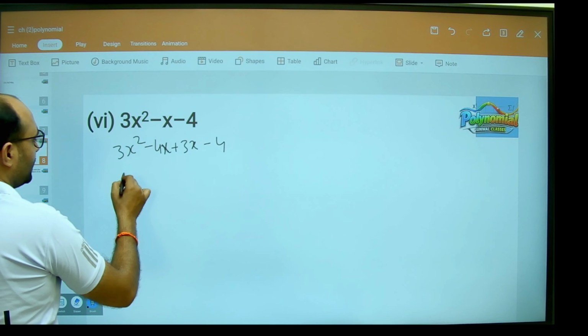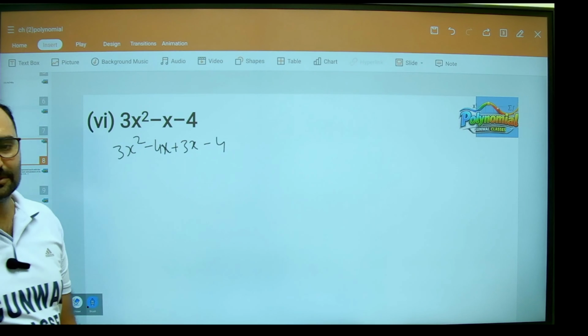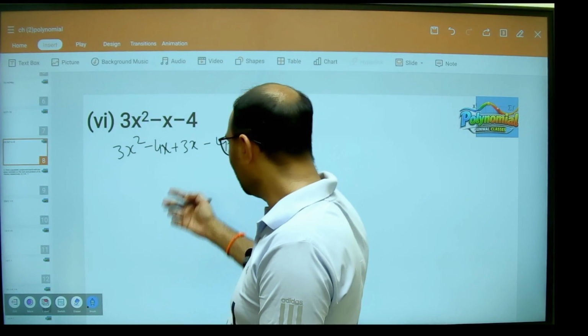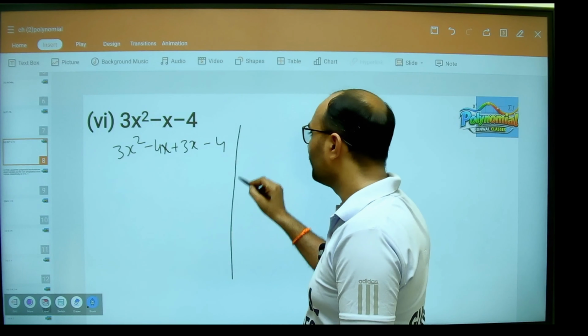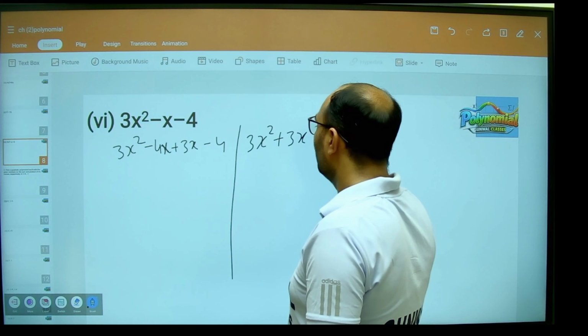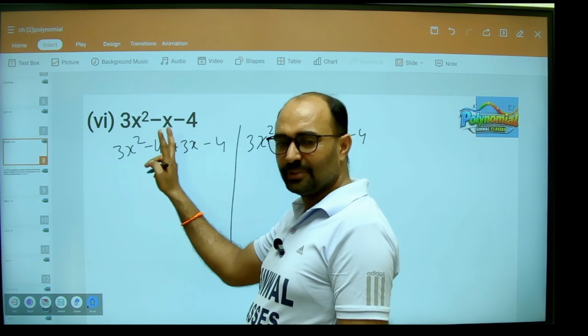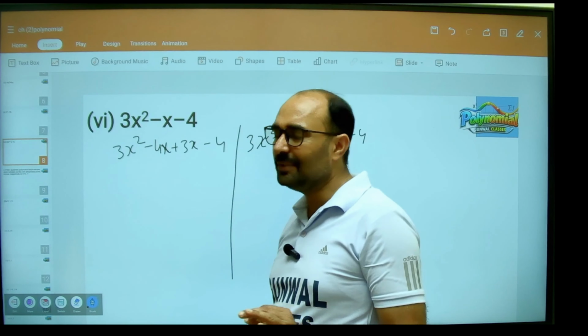What is common here, 3x is common here. अगर आप इनको shuffling कर देंगे तो भी answer same रहेगा. Answer will remain same. मैं करके दिखा देता हूं अगर आपको doubt है. 3x square plus 3x minus 4x minus 4.